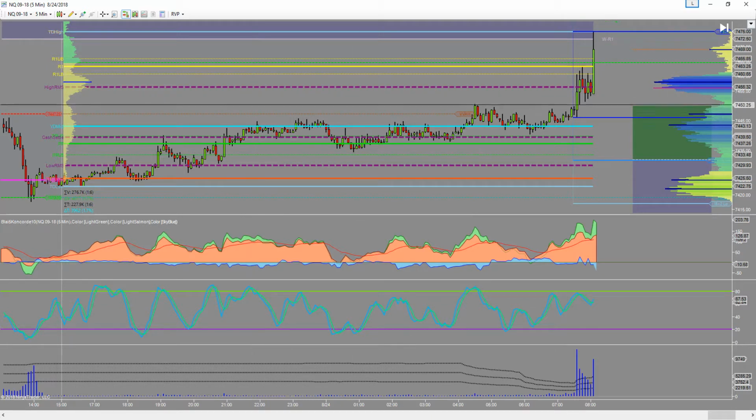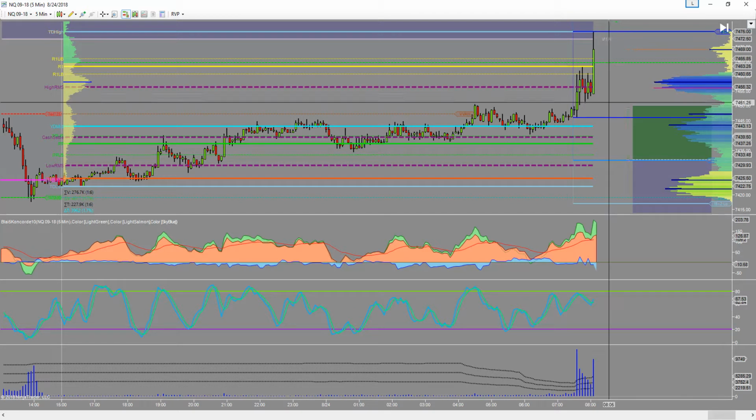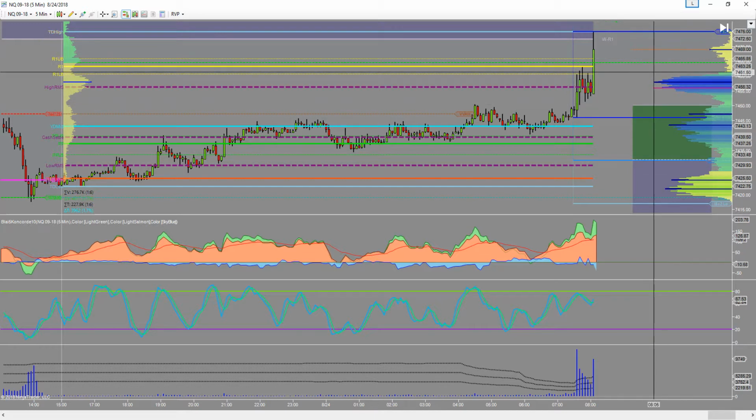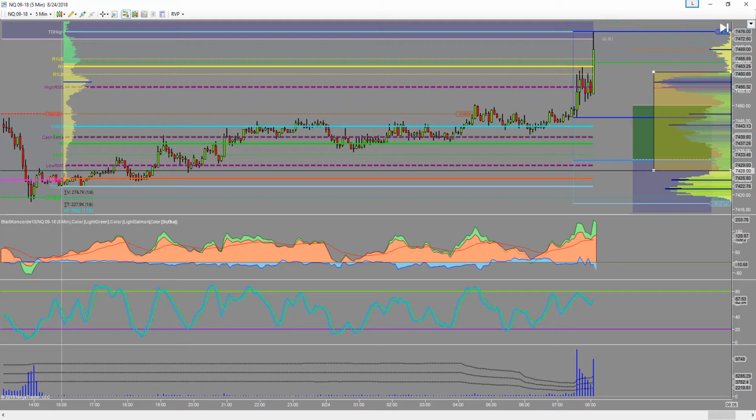And we also want to look at these levels, which are going to be tested if we see volume being built in the volume profile. As you can see here, we are able to look at this value area, which is this area right there.